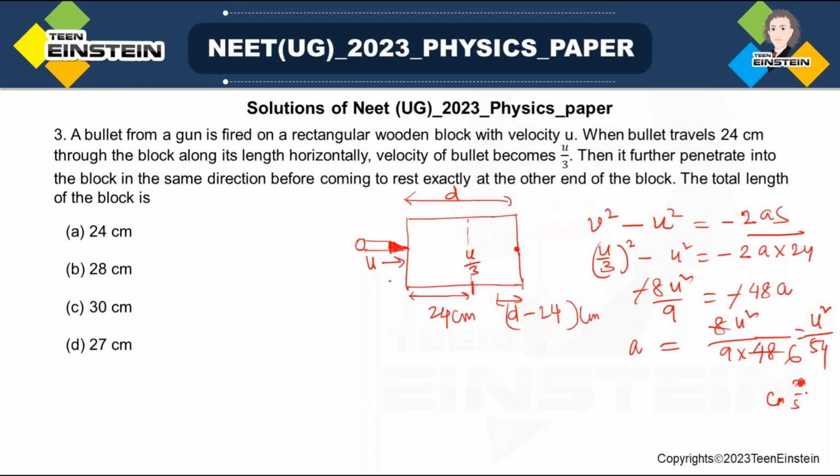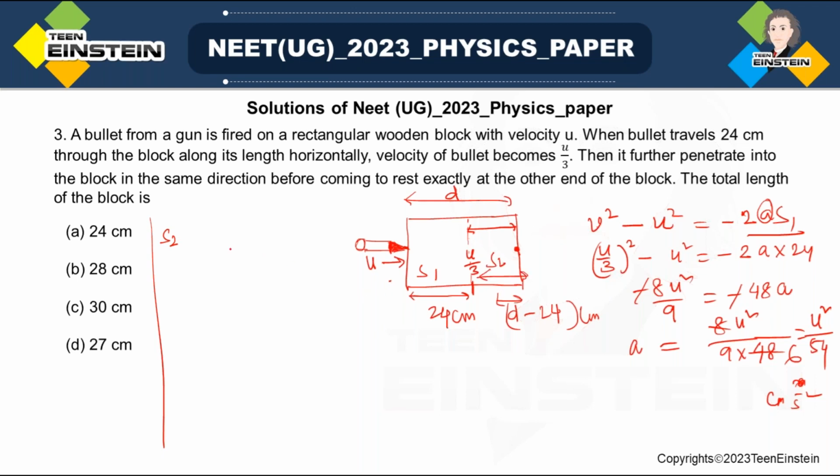Now we have to find out the thickness. The same formula will be used here. We have obtained the deceleration, and then I have to find S. Let us say this is S1, and now it will be S2. So S1 is this much, S2 is this much.